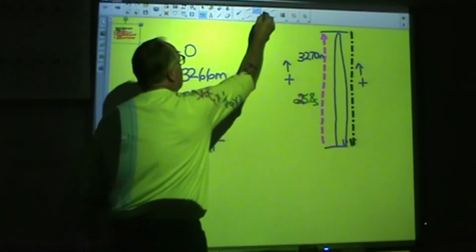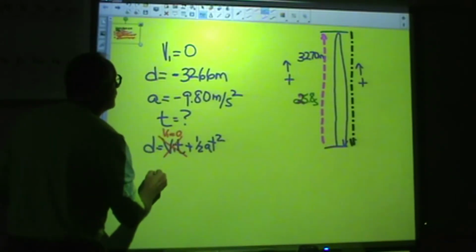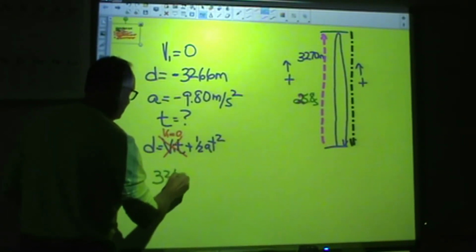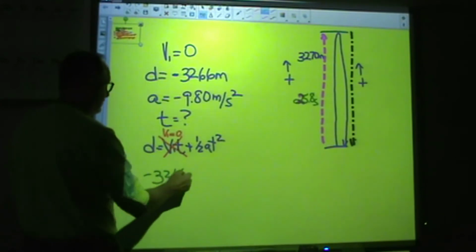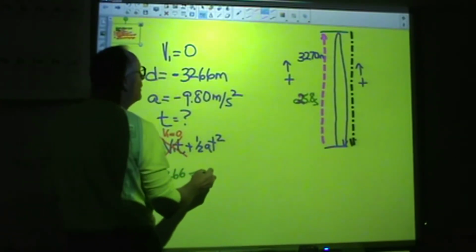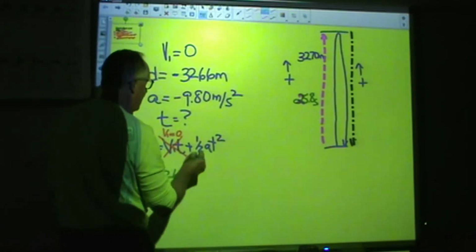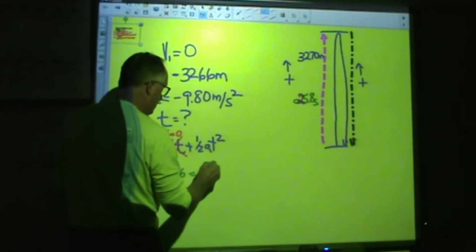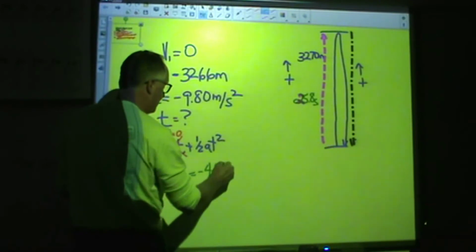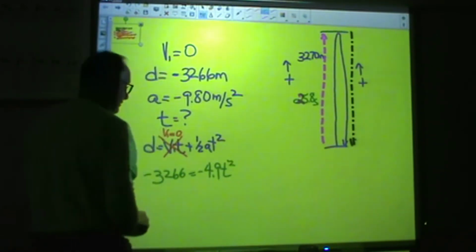So now, negative 3266 equals 1/2 times this. You will get used to that. Half of that is 4.9, so equals 4.9 T squared.